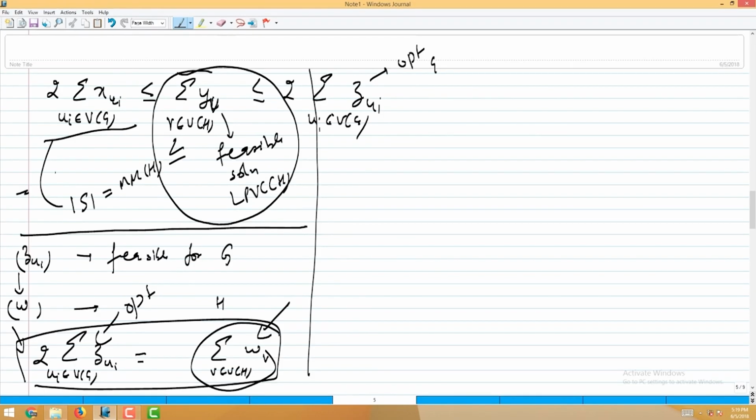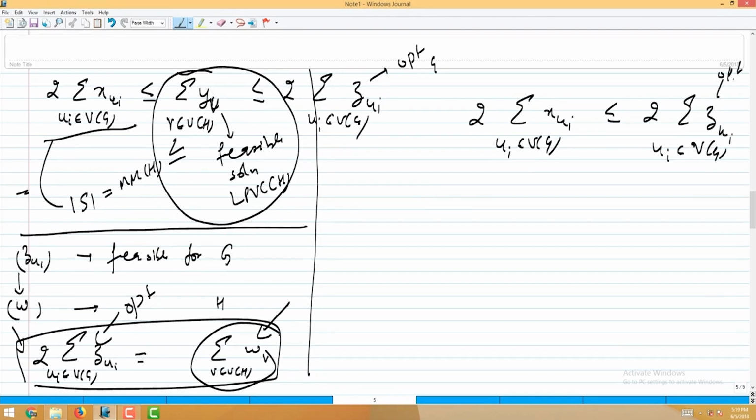Now this is a feasible assignment for H. If this is a feasible assignment for H, we know its size has to be at least the maximum matching of H, right? And we know because it's a bipartite graph, this maximum matching is equal to the vertex cover size, which is S. And we know that whatever I have computed has this relation with S.